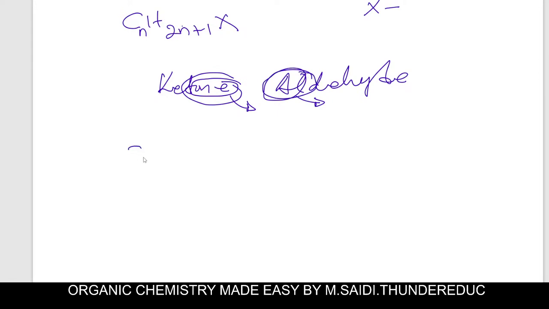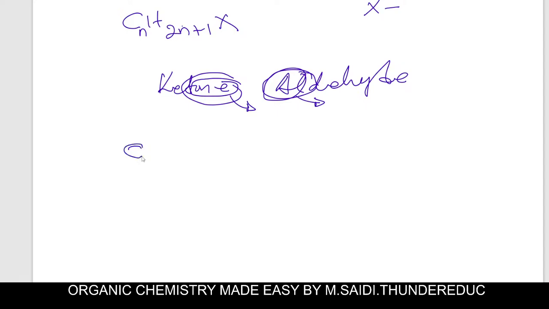The functional group for ketones and aldehydes are the same, but when it is at the end, at the terminal, it is an aldehyde. When it is in the middle, somewhere between the carbon atoms, then it is a ketone. Because in aldehydes the functional group is always at the end, we don't need to show the position of the functional group.